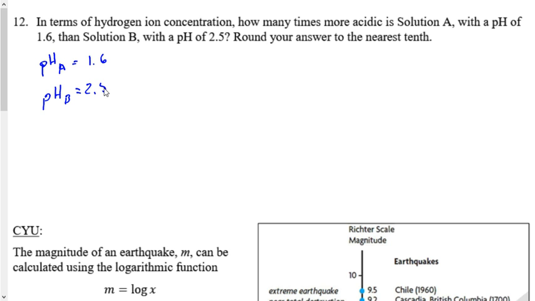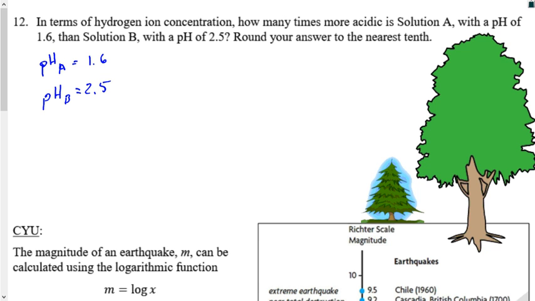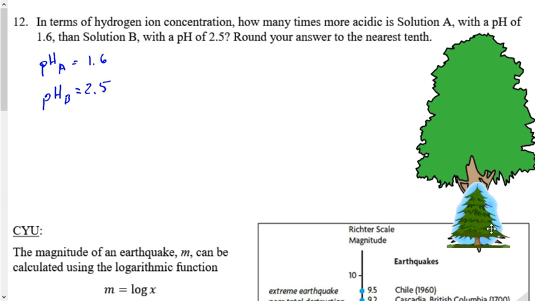How many times more? Well, when we want to know how many times more something is, we kind of think backwards and we think, oh, then we're going to divide to determine how many times more it is. For example, you see these trees on the right. If I wanted to know how many times taller the big tree was compared to the smaller tree, I would take this smaller tree and divide how many of these small trees fit into the big tree.